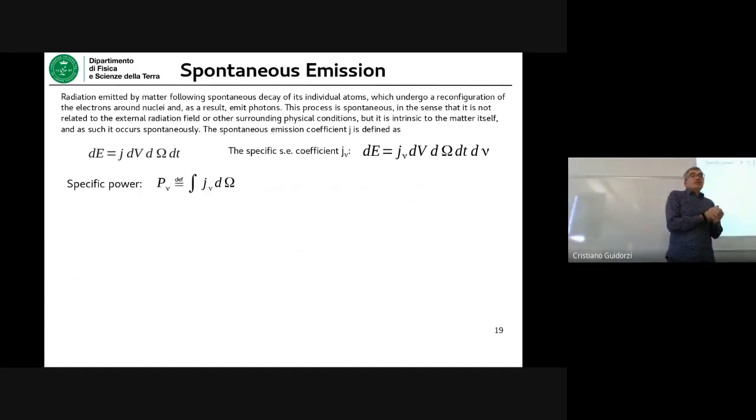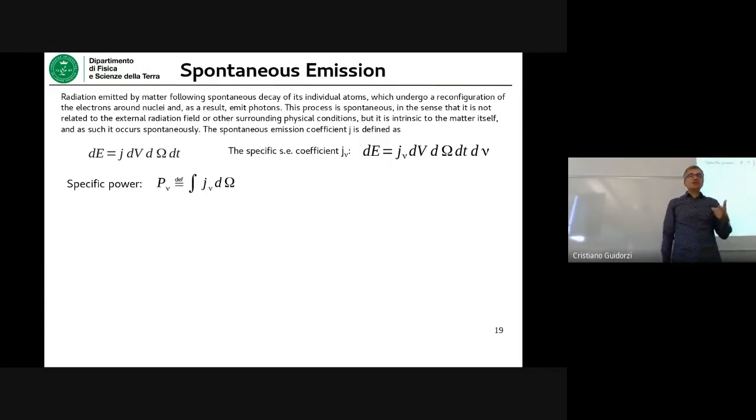You can also define, if you don't care about the direction of the produced radiation, just the amount of radiation produced per unit volume, per unit time: the specific power. The specific power is just the integral of the specific spontaneous emission coefficient over all directions, over the entire sky.